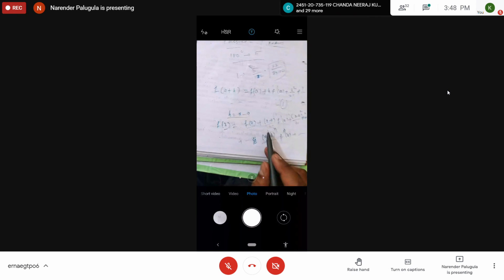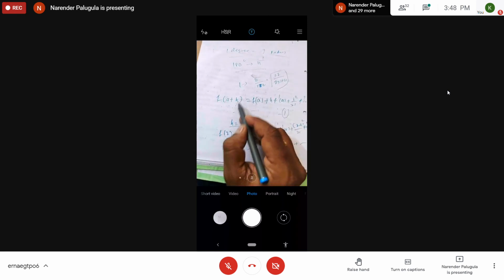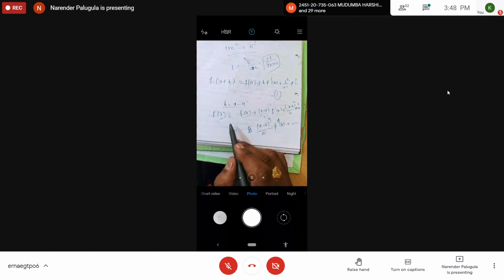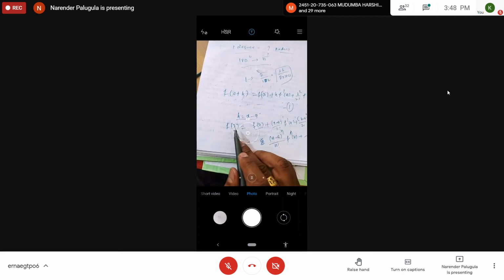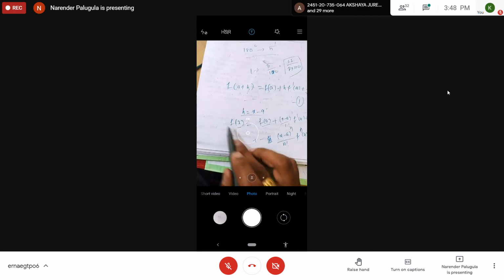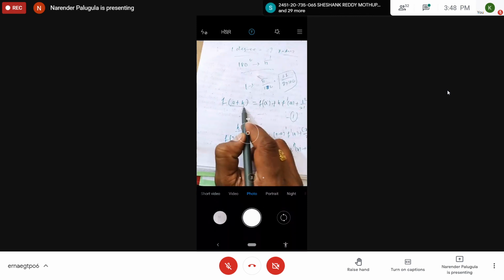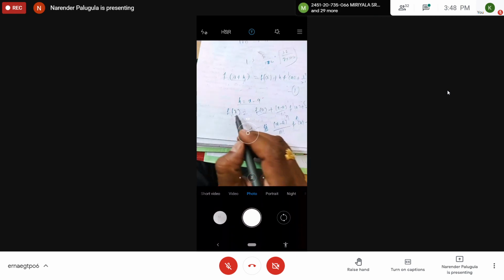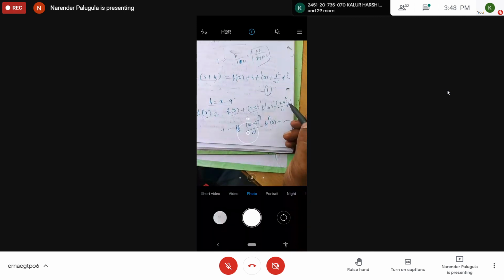This is also Taylor theorem, but here we just make a small change in the series. In place of h we put x minus a. Now this is not a particular value, not a specific value, this is a function expansion. The function value at x is given in terms of increasing powers of x minus a.